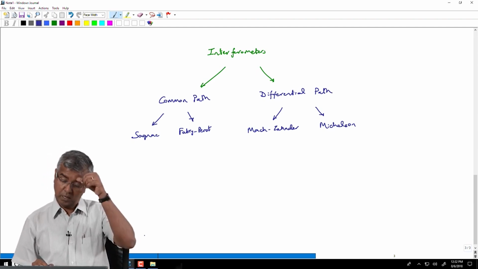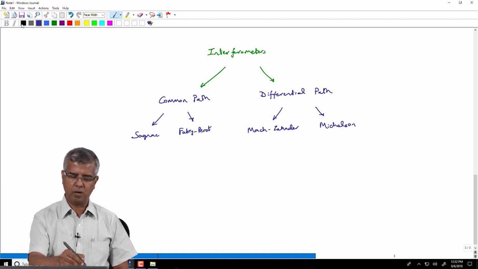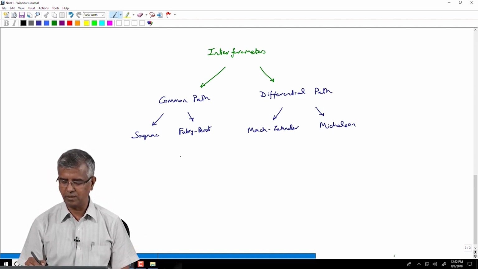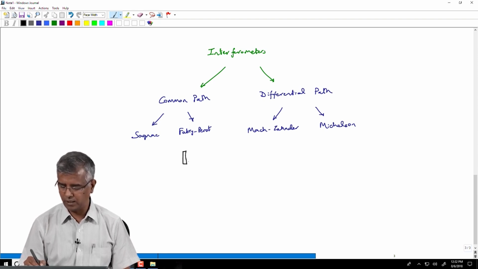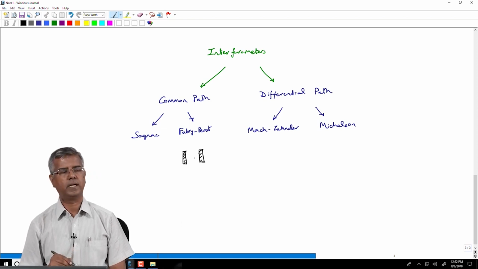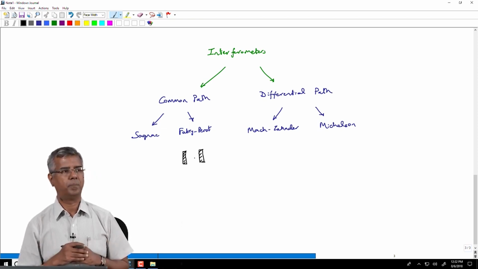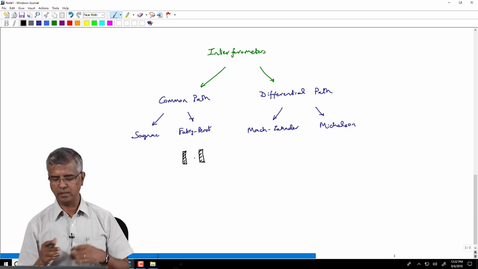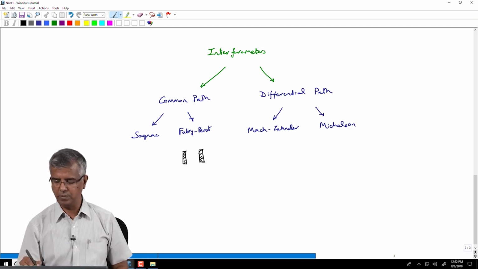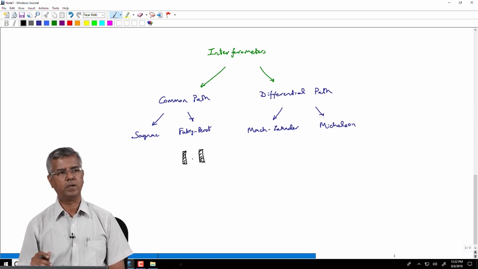So, a Fabry-Perot interferometer is probably the simplest that you can think of. It just consists of two mirrors, right, that are held parallel to each other. Let us say these are plane mirrors that are held parallel with respect to each other.